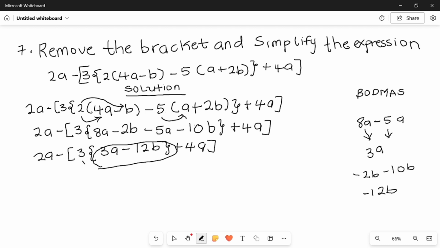So if we multiply it, we'll have 2a minus 3 times 3a. 3 times 3 will give us 9, so we'll write 9 here, then we'll bring down the a, and we have 3 times minus 12b.